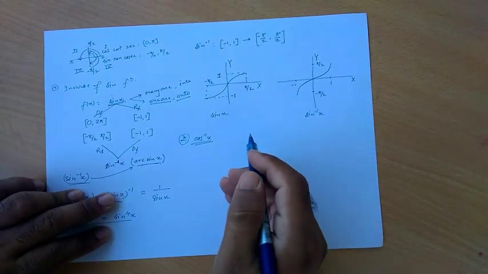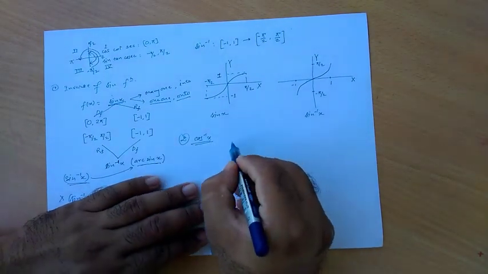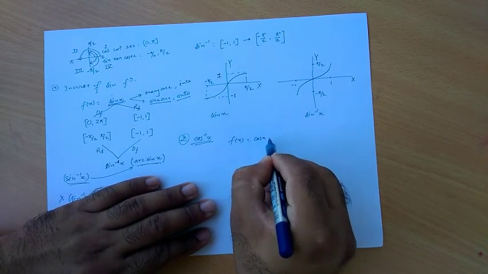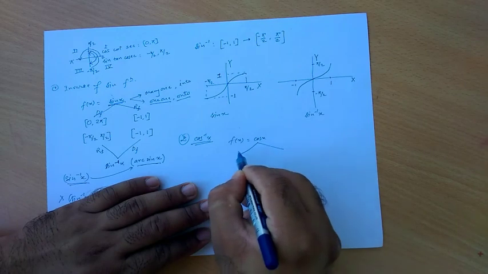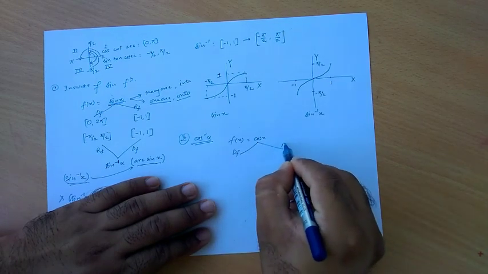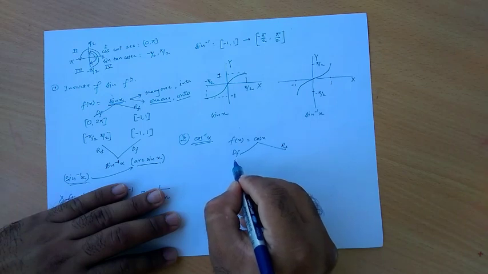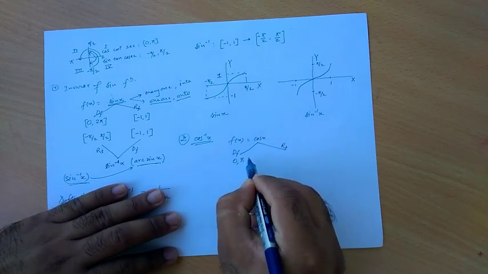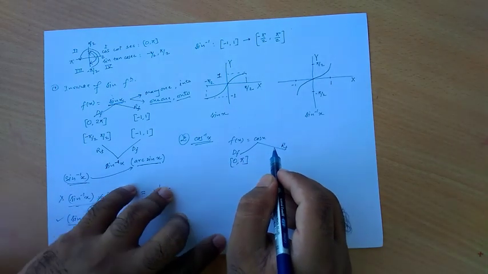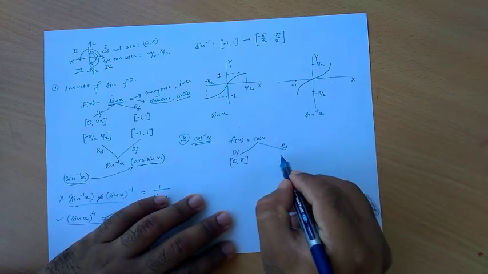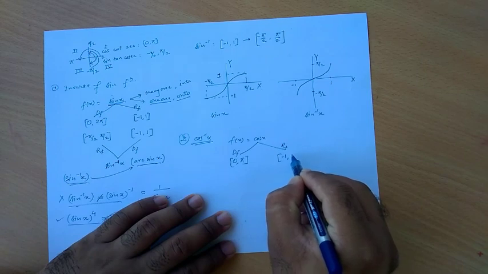The domain for cos x, f of x equal to cos x, has two parts: the first one is the domain, another one is the range of the function. We are putting 0 to pi to get a bijection.